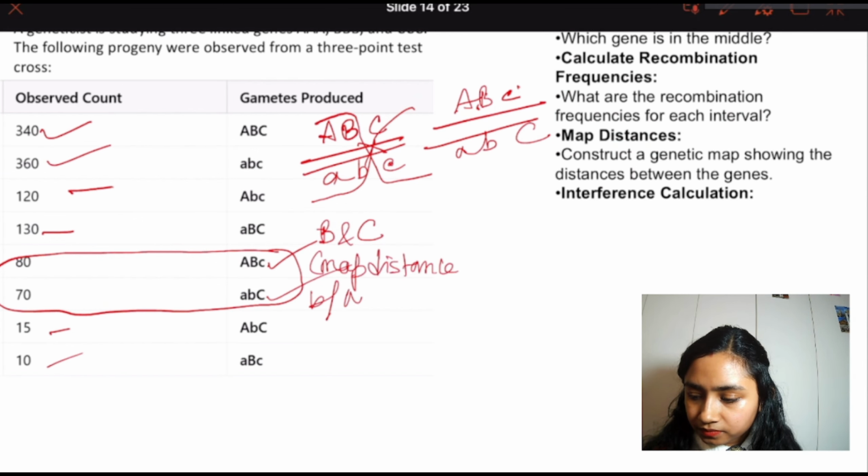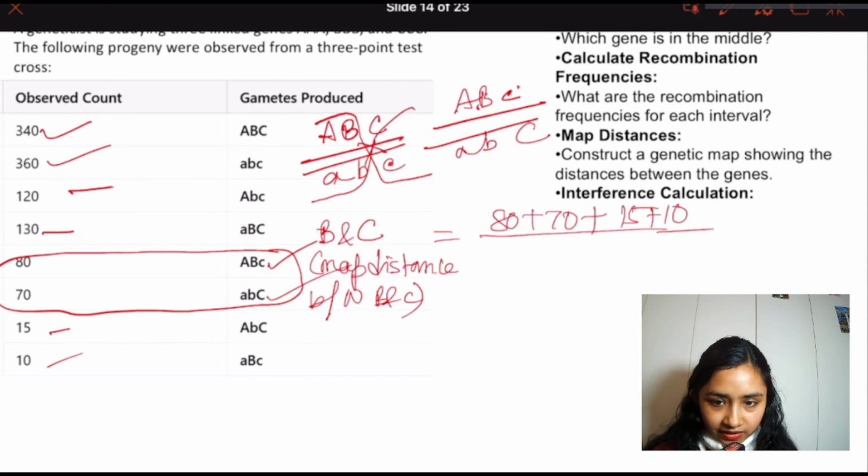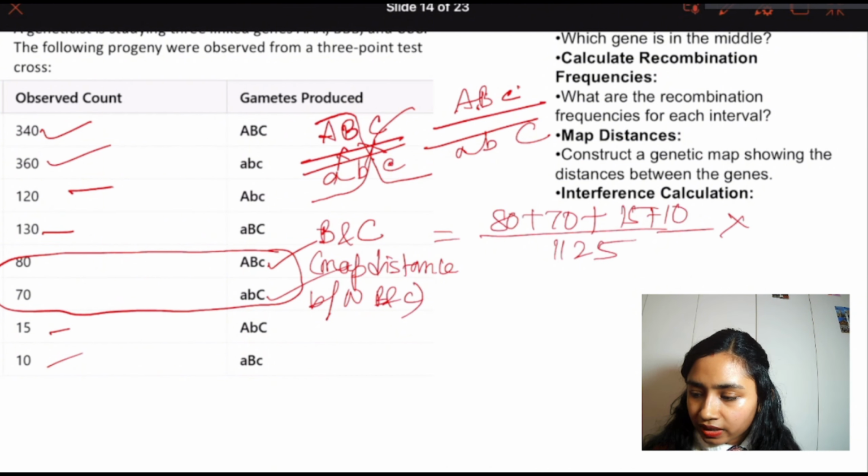between B and C is equal to 80 plus 70 plus the DCO. I told you that DCO is present in SCO1 and SCO2 both, because DCO comprises crossing over between A and B and also between B and C. So total number of recombinants divided by the total number of offspring 1125 into 100%.